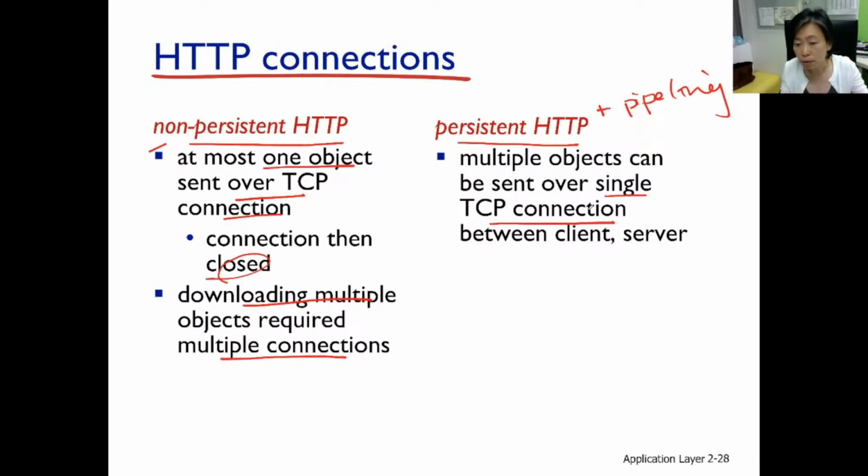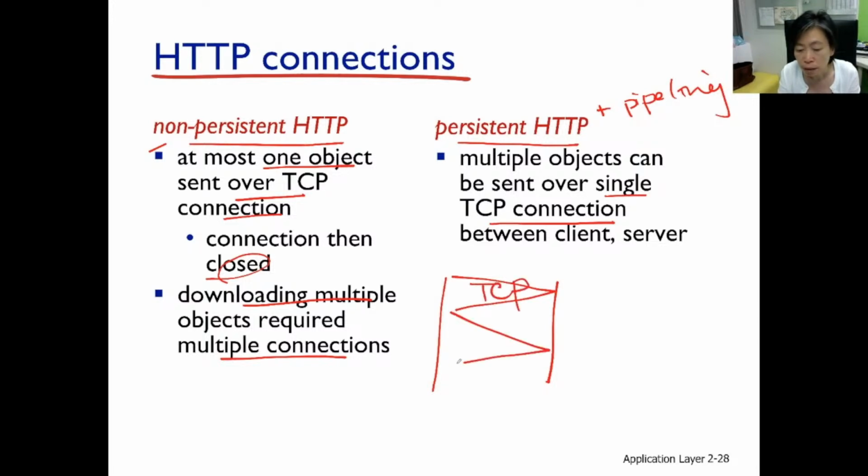So 1 single connection to send all the objects. All right. Now, the basic persistent HTTP mode works more like that. So you have 1 exchange to establish the TCP connection. And then it's just object 1, and object 2, and then object 3.